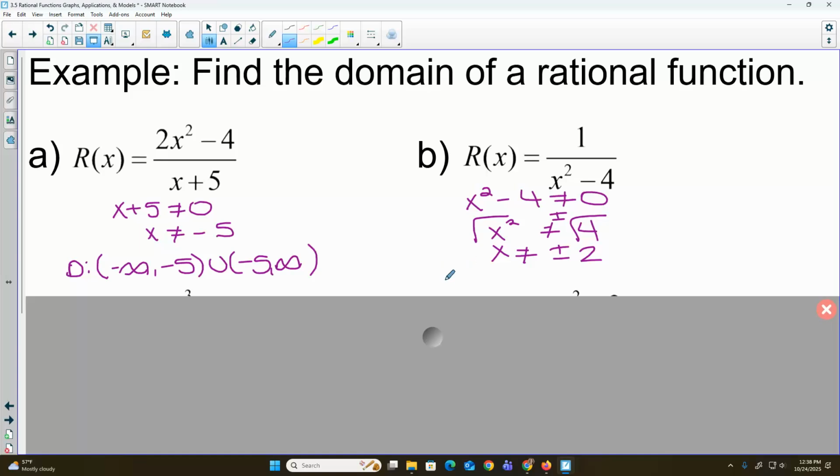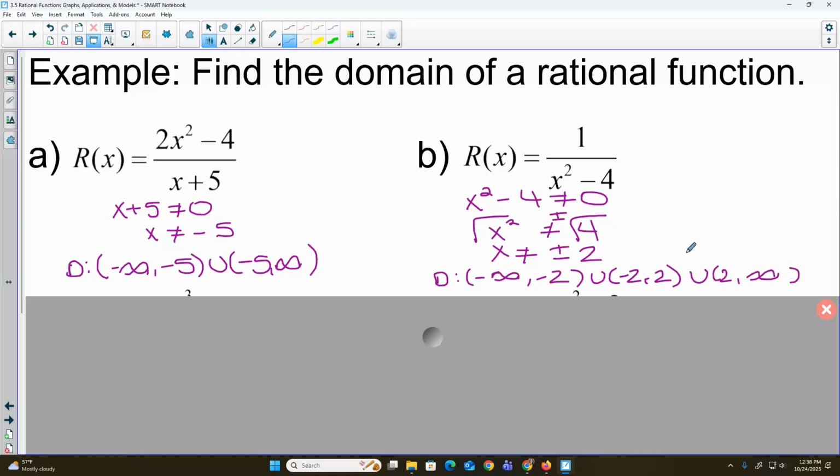That one, if you're writing it as an interval, gets a little bit long. It's everything smaller than -2, everything between -2 and 2, and everything bigger than 2.